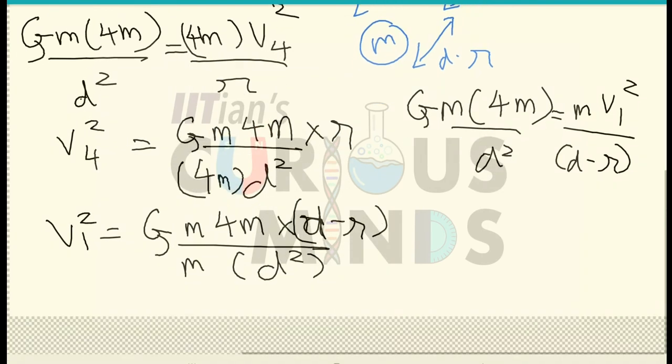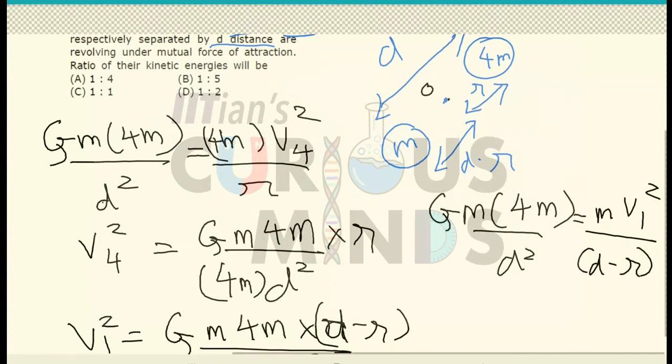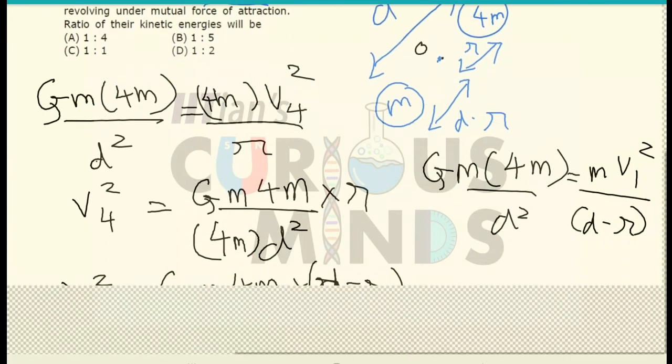Now we have to find out the ratio of the kinetic energy of the 4m mass to that of the mass m.